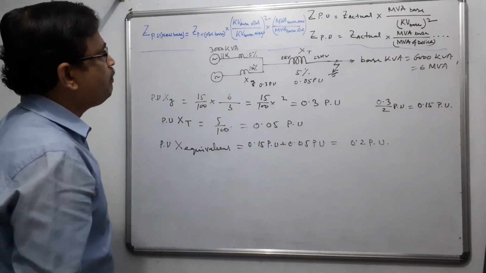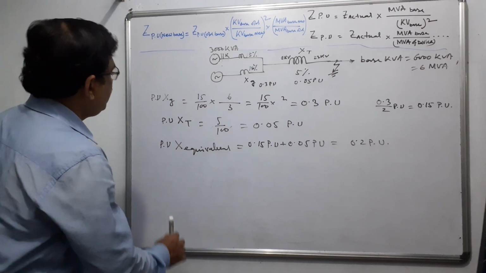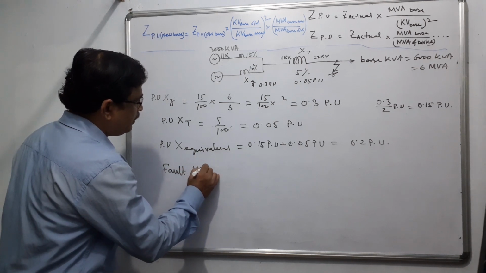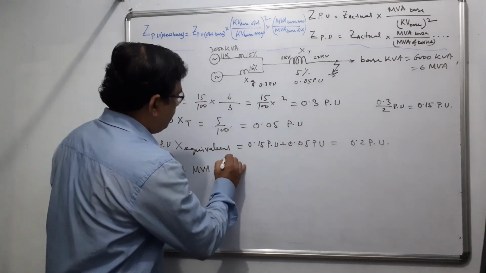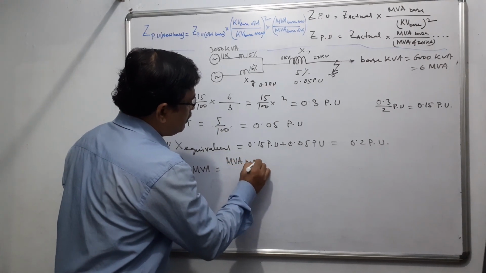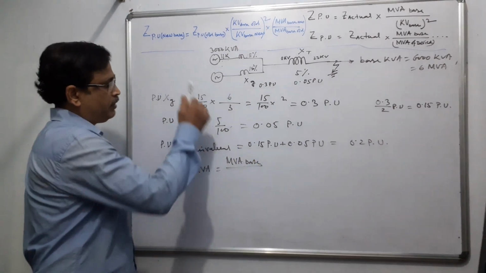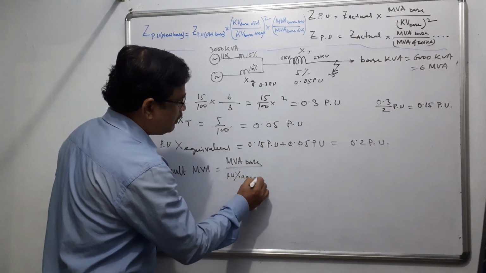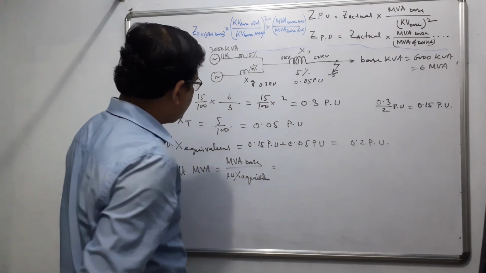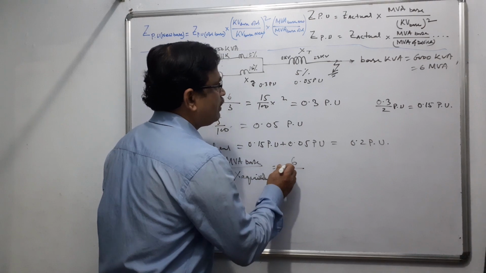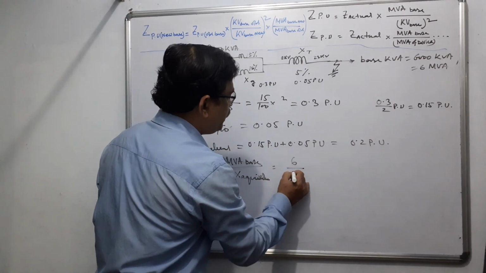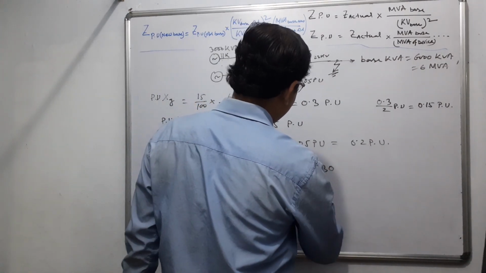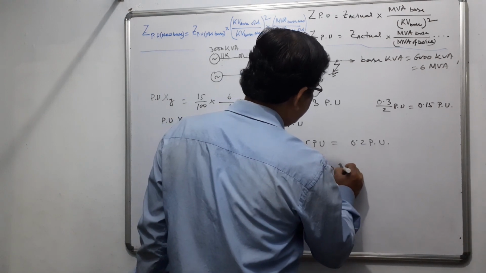Now the fault MVA equals the base MVA divided by X per unit equivalent. That is base MVA 6 divided by 0.2, which gives 30 MVA.